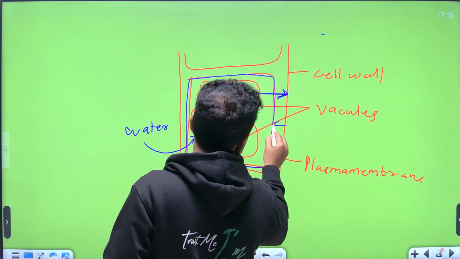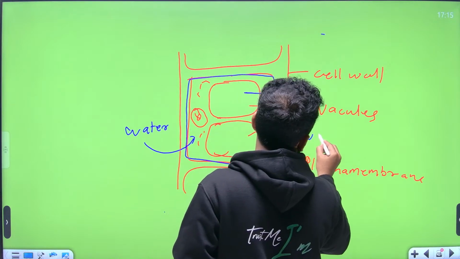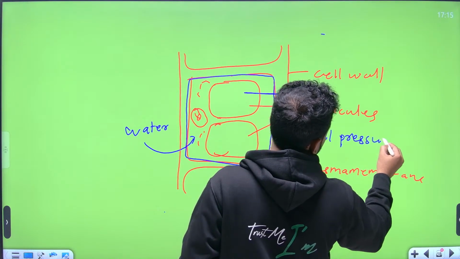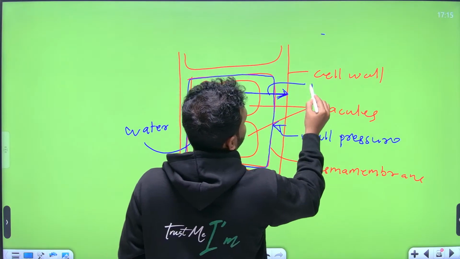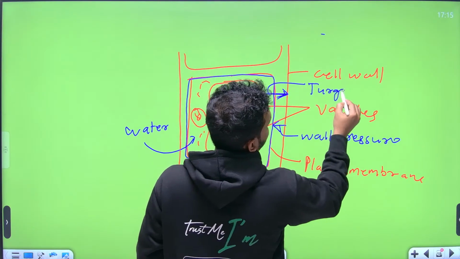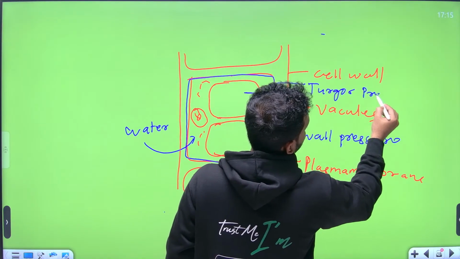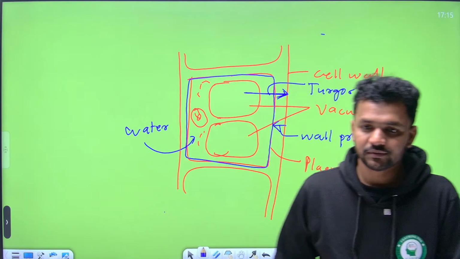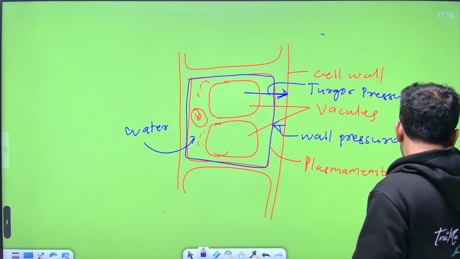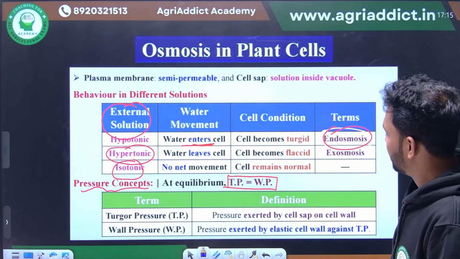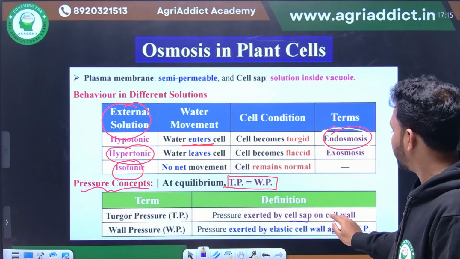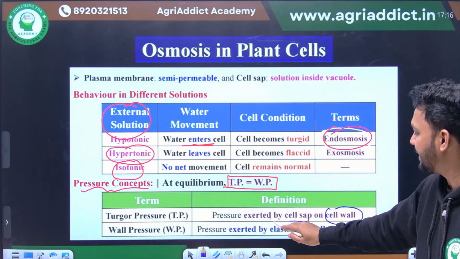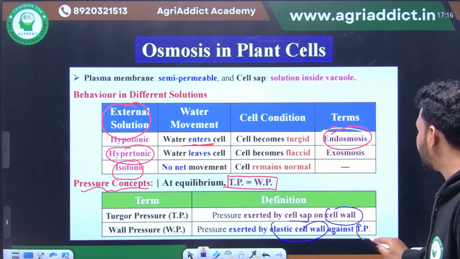Here it is wall pressure, and this is turgor pressure. Okay. Wall pressure is the pressure exerted by the elastic cell wall against the turgor pressure.